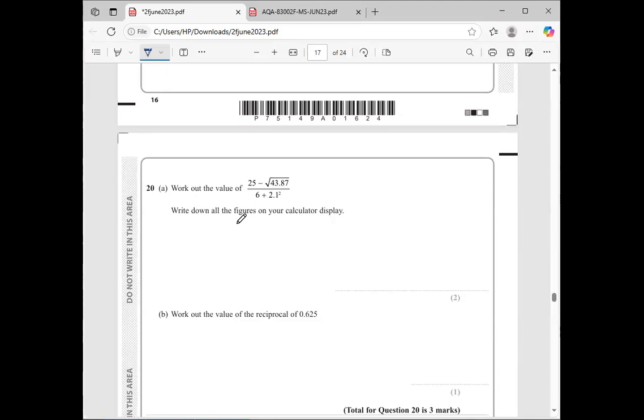Okay, so can you do number 20? Which one would you do first? Because this one really is counting on your understanding of hierarchy.